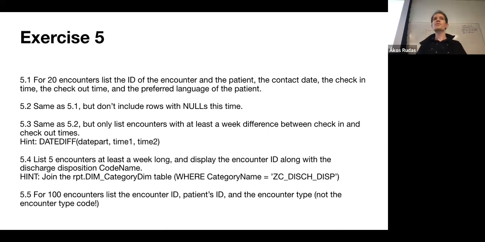First, we evaluate from encounters. Then we group by facility. Then we select the facility and order by count, descending. Again, I'm not naming this variable, I'm using count star, and I select the top one.